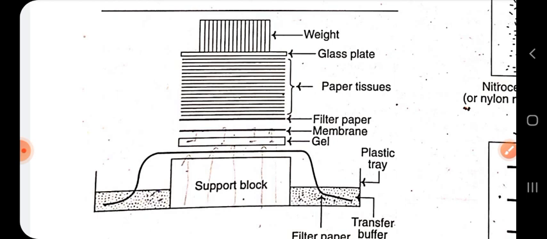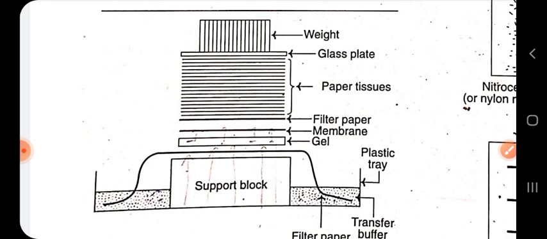on the top of a buffer saturated filter paper, and then we lay our nitrocellulose filter membrane on the top of the gel, and then we place some dry filter paper or tissue paper on the top of this membrane.